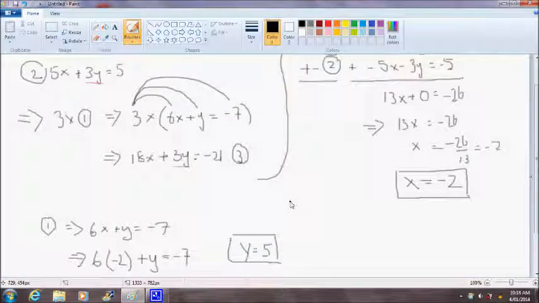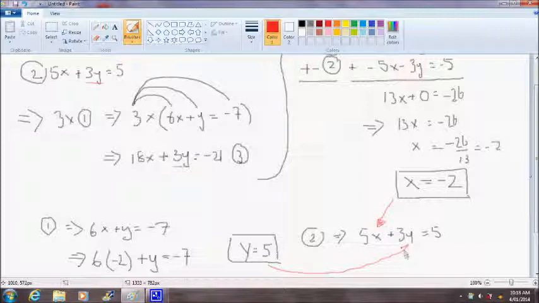And we can verify that by substituting the solutions for both variables into another equation to see if it will come out with the correct answer. Let's choose equation 2. So equation 2 is 5x plus 3y is equal to 5, and our solution for x is negative 2, so our solution for x will go in here, and our solution for y will go in here.